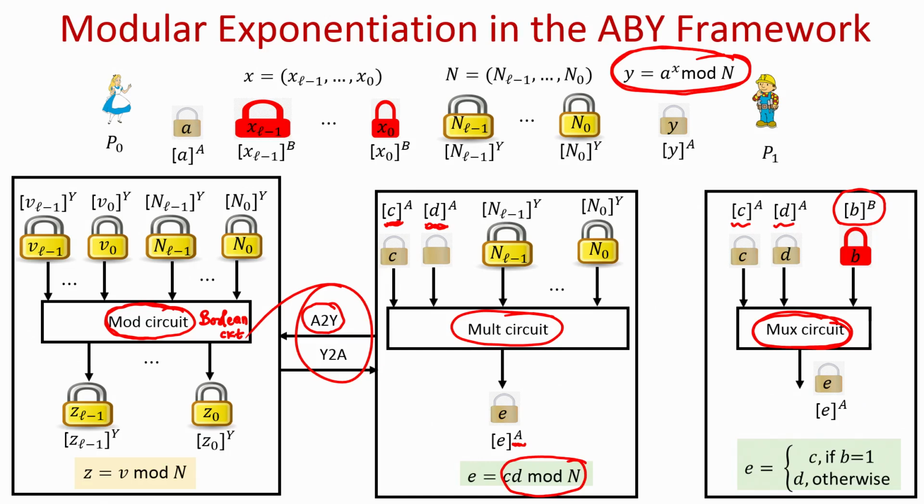So, now you can see how the entire computation can be done in a mixed world, instead of computing a to the power x modulo n entirely as per Yau's protocol or entirely as per the GMW protocol. We can do different parts of the computation in different representations with the help of these switching mechanisms.